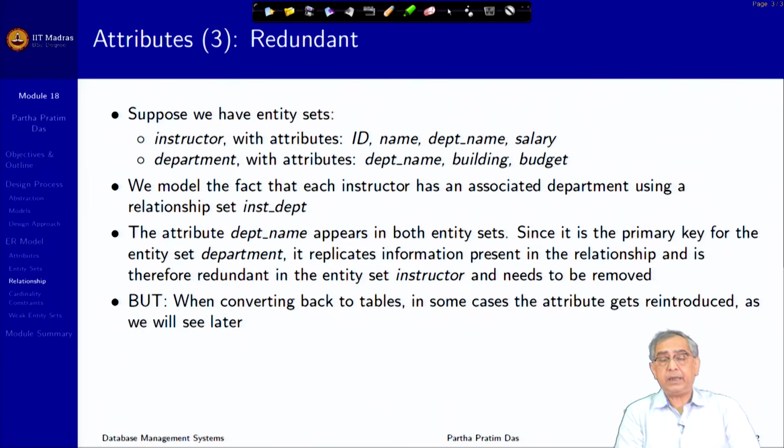We will see, and this will come out more as we unfold the design process, that through the relationship many a time certain attributes may become redundant. For example, instructor here has a department name, and department of course has department name, which is the key, and the details.